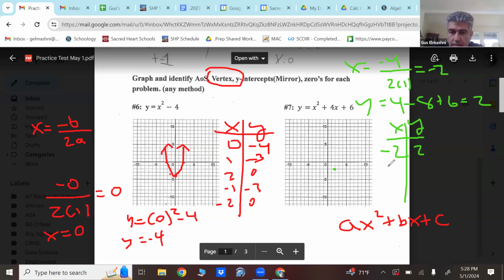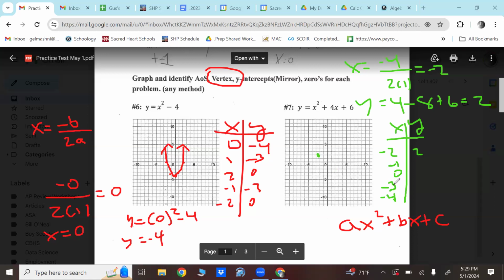Like I'll choose, oh, I'm sorry, put in the wrong place. Negative 2 comma 2, my bad. So let's do like negative 1 and 0, and negative 3 and negative 4. If I plug in negative 1, I should get 3. Plug in 0, I should get 6.